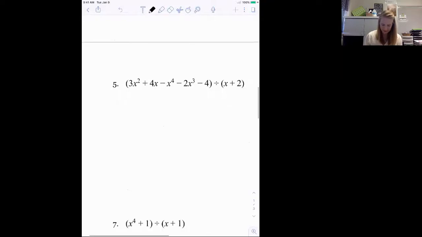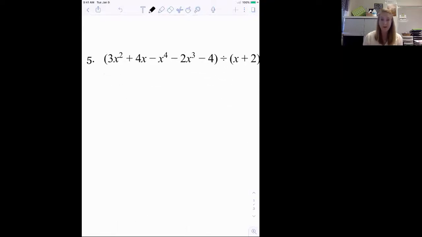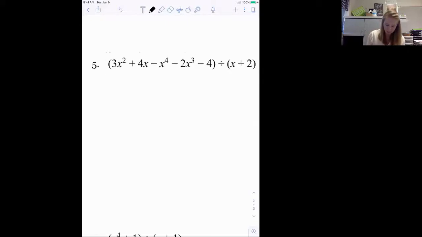Let's do this one. Okay. Are those exponents in order from biggest to smallest? You've got to rearrange them. So my biggest exponent here is an x to the 4th. I'm going to put that one first. Then I step down from x to the 4th to x cubed.